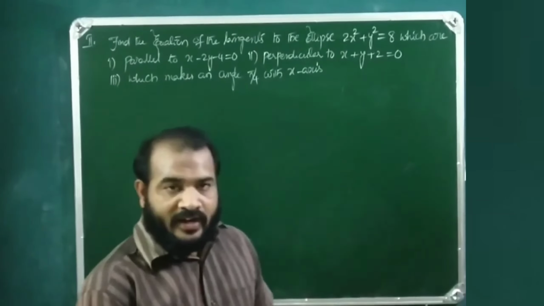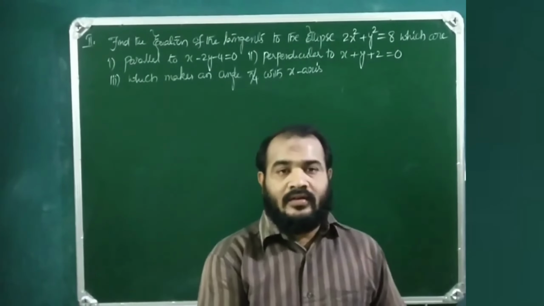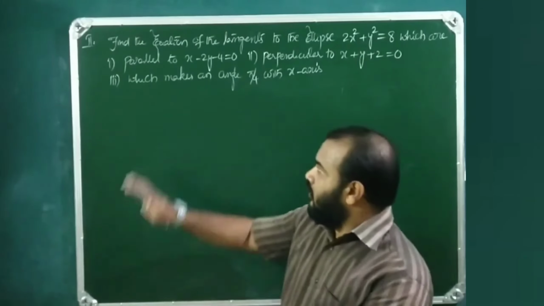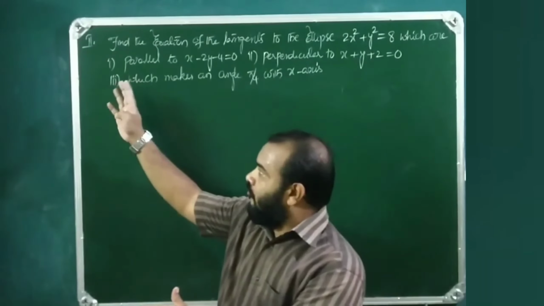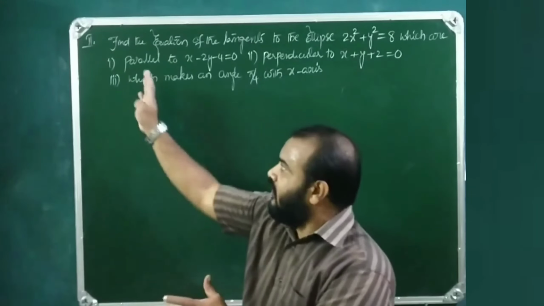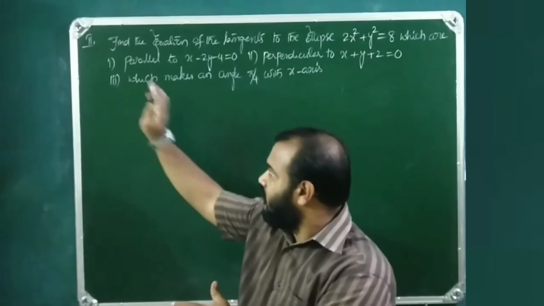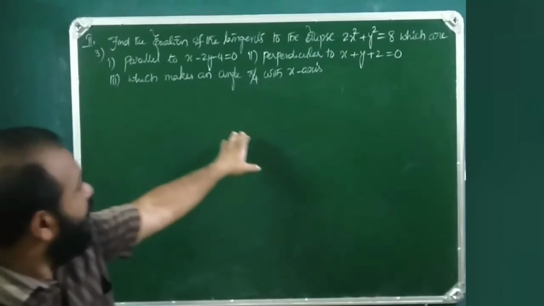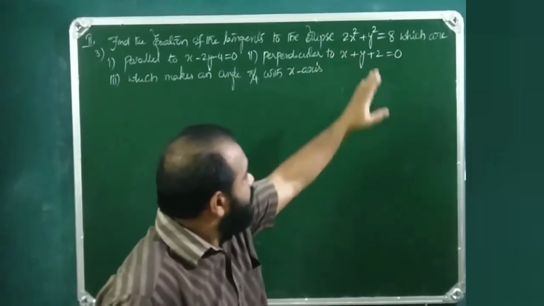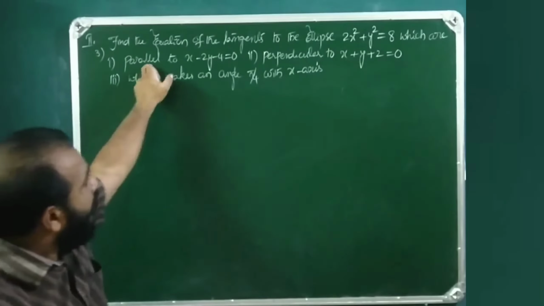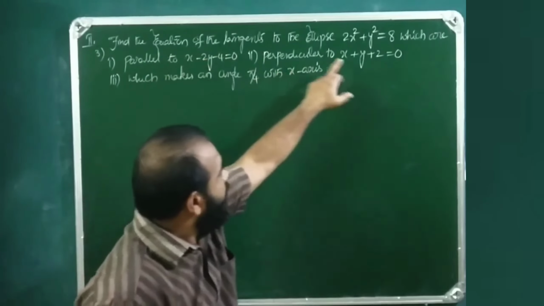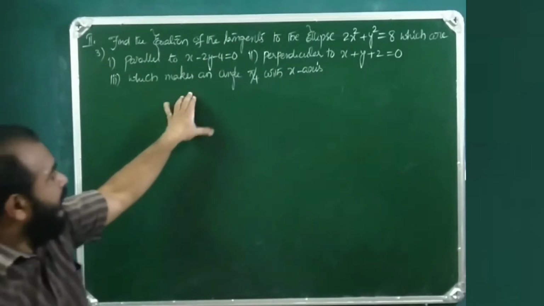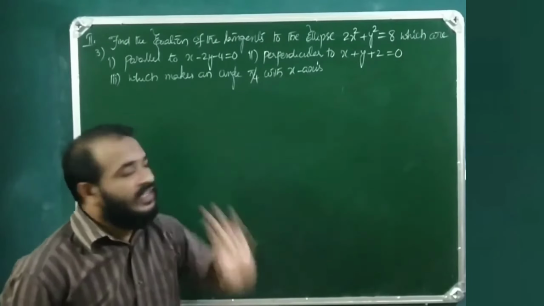So before we wind up today's class, let us solve this. This is the third problem from the second problem. Find the equation of the tangents to the ellipse which are parallel to this line, perpendicular to this line, and makes an angle alpha with the x-axis.